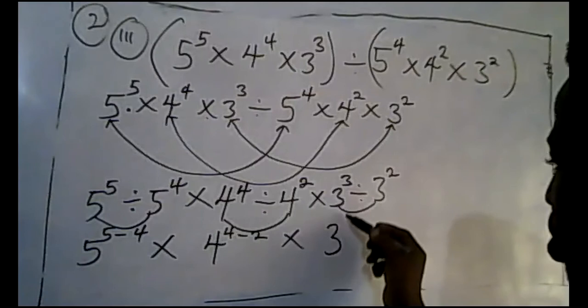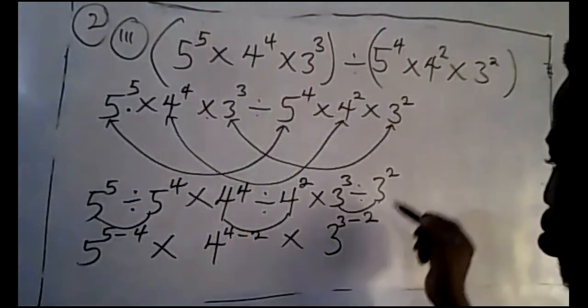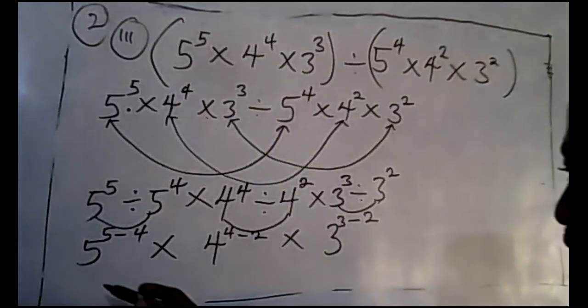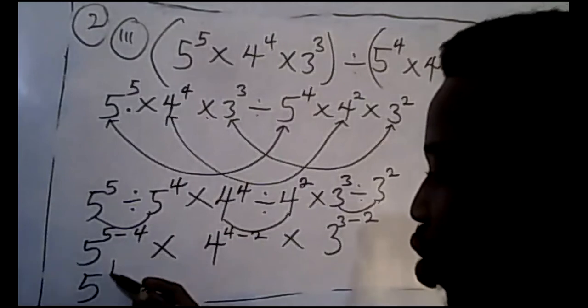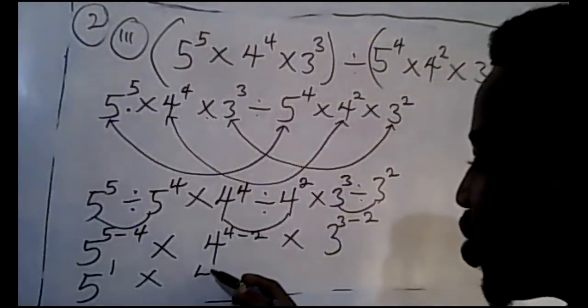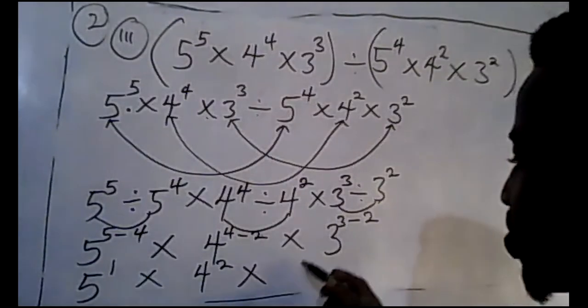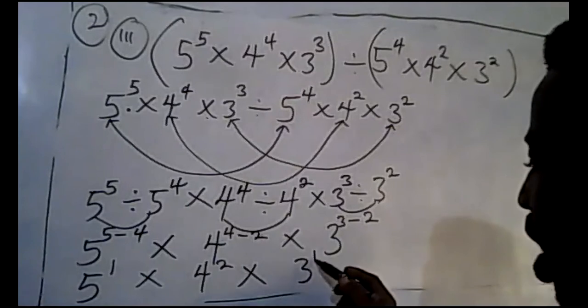Write one of the bases and subtract the power: 3 minus 2. So what you're going to have is 5 raised to power 5 minus 4 is 1, times 4 minus 2 is 2, so 4 raised to power 2, times 3 minus 2 is 1, times 3 raised to power 1.